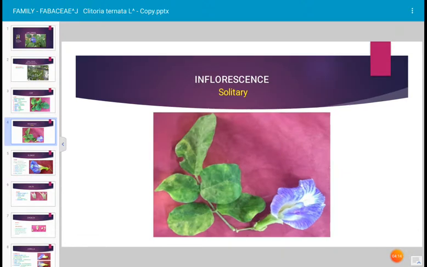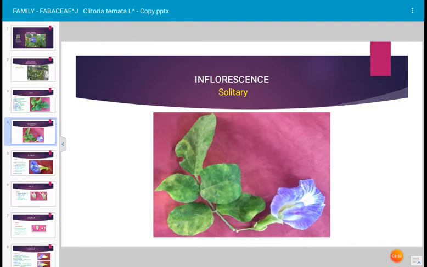This is the type of inflorescence in Clitoria ternata. Inflorescence is solitary inflorescence. What happens in solitary inflorescence? Flowers occur singly, or they are separated from other flowers of the same plant by vegetative regions.